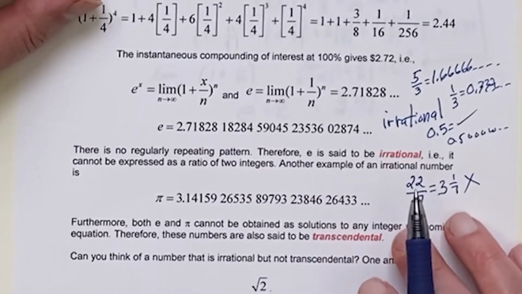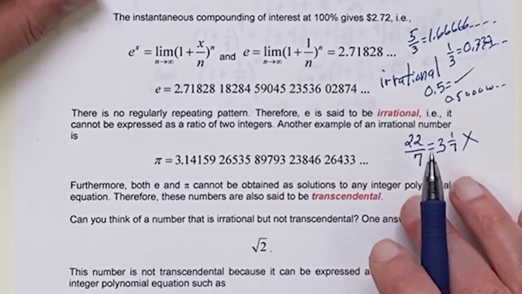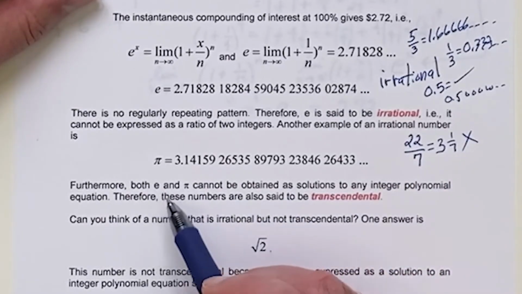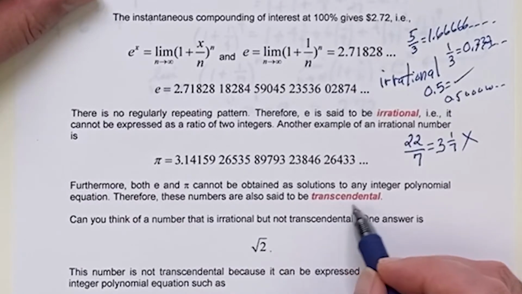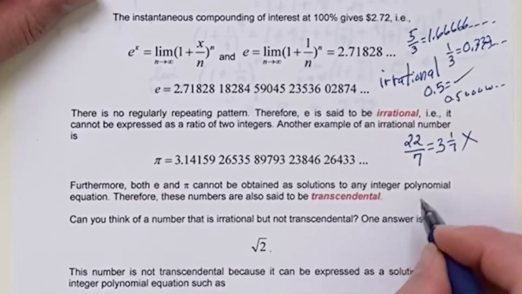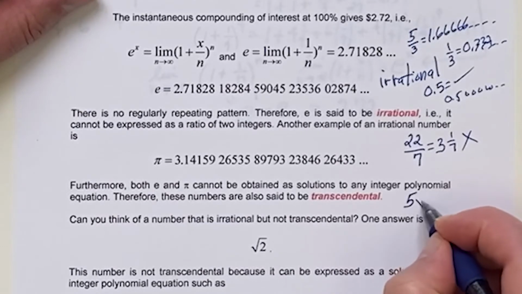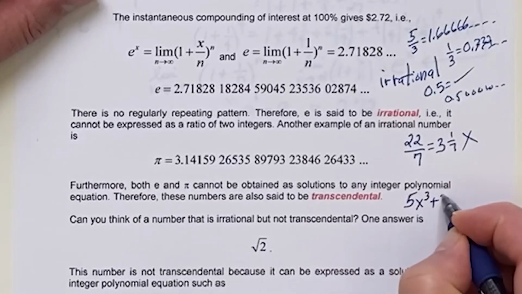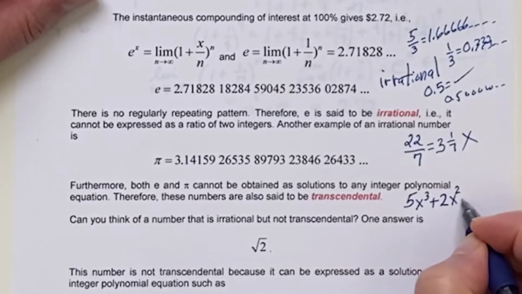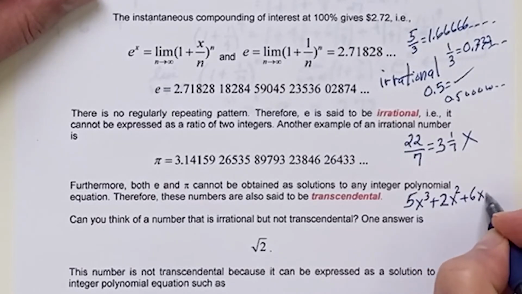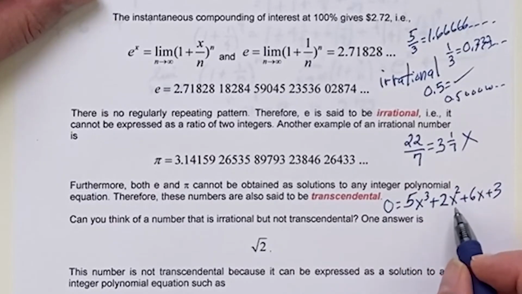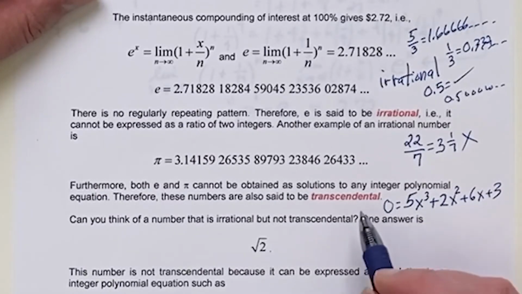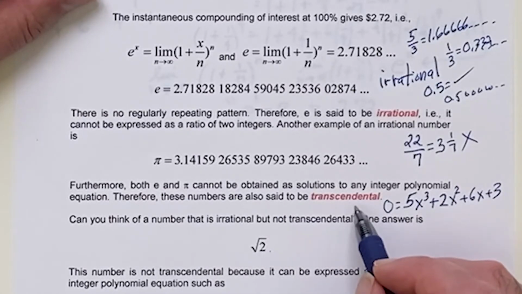Now, the number e, as well as pi, is also transcendental because you can't get them as solutions to polynomials where you're using your integers. Polynomials would be like 5x cubed plus 2x squared plus 6x, this kind of thing, plus 3, say equal to 0, find what x is. You're not going to get as a solution the transcendental one.